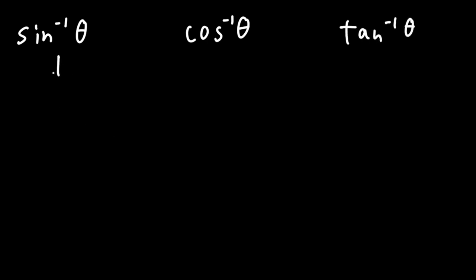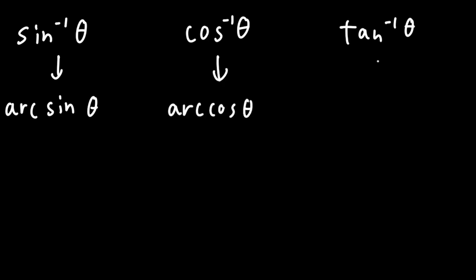We can also write inverse trig functions another way, by adding an arc in front of it. So inverse sine of theta can be written as arc sine of theta. Inverse cosine of theta can also be written as arc cosine of theta. Inverse tangent of theta can be written as arc tangent of theta.